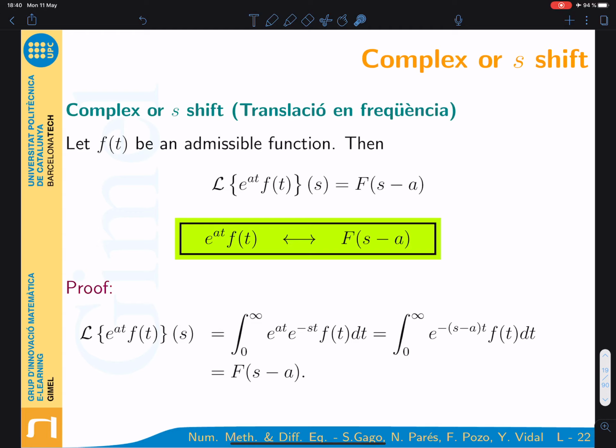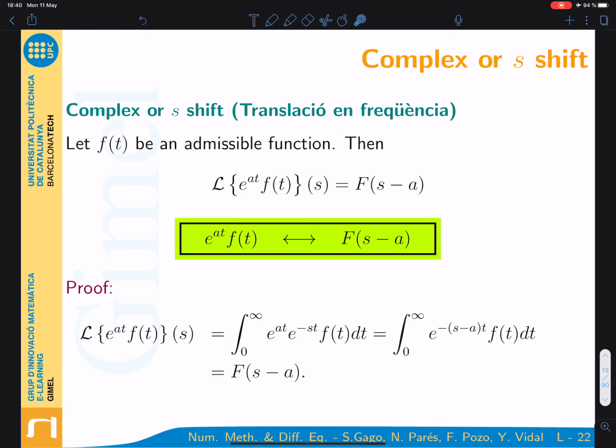So this is a very important property that we will use a lot when solving differential equations. So it's very important that you know that multiplying by the exponential function in the time domain relates in the frequency domain to just a translation of distance a.